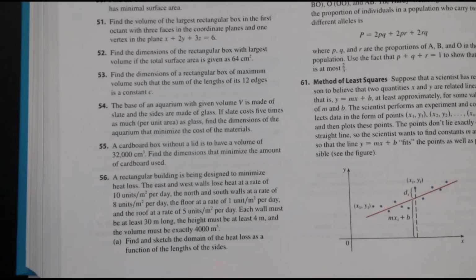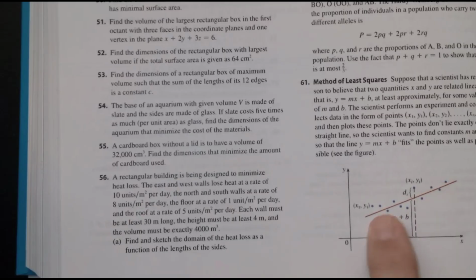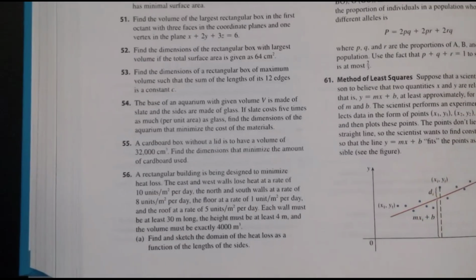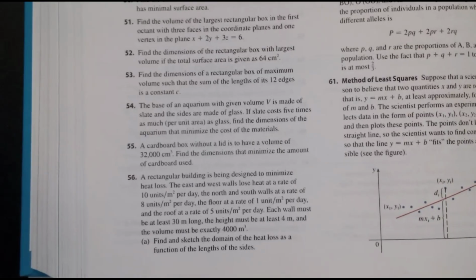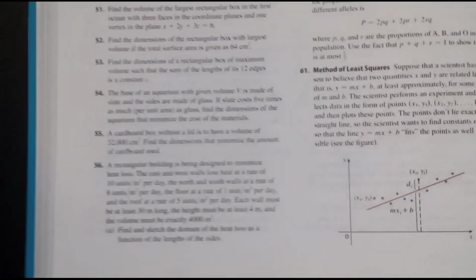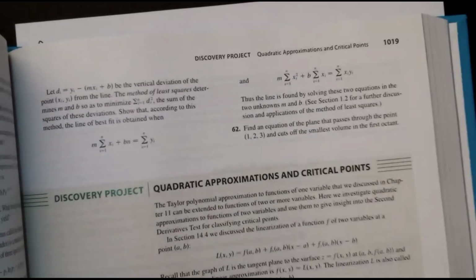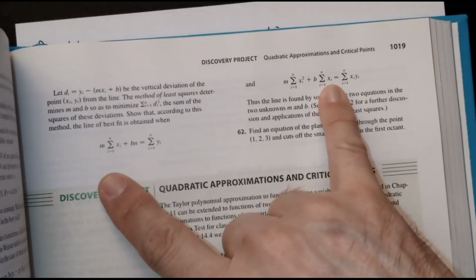That means I need to measure the distance from top to bottom there for all of these dots against that line. Measuring distance is hard because it involves taking the square root. And some of those are positive and some of those are negative, and that's kind of ugly. So to get rid of the negatives, we square everything. And the formulas that can be produced from this method are disgusting.